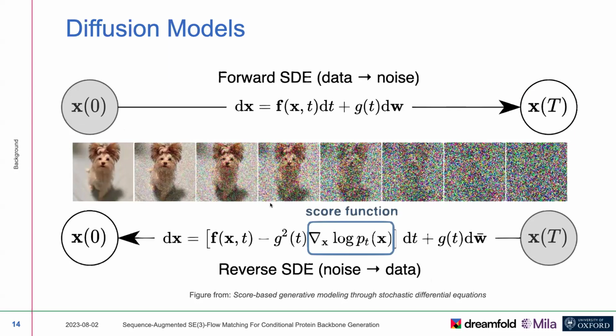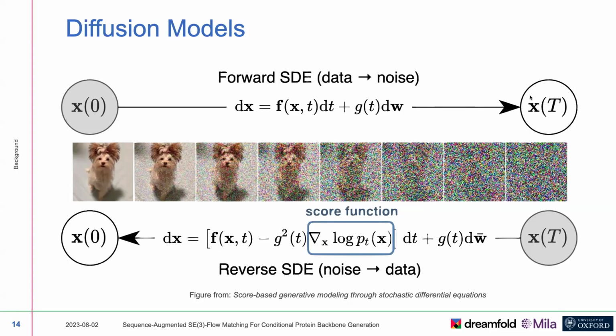The idea is to first generate from a distribution that is easy to sample from, for example a Gaussian distribution, and then denoise it progressively in order to turn it into our data distribution. So we want to learn this process, turning data into noise, and then turning noise into data.